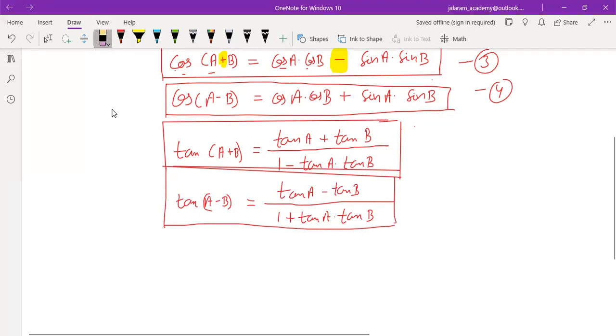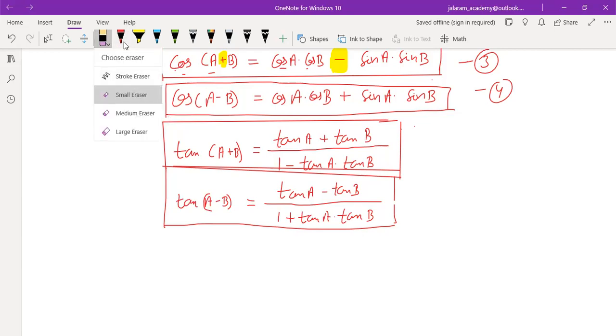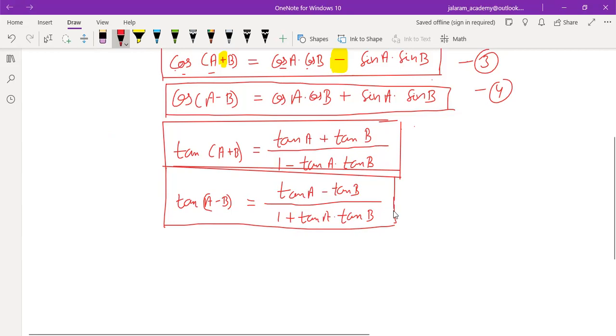If you think so, this is wrong. There are several other formulas also which we must learn. Never-ending formulas are there. And we have to learn all of them by relating with each other.